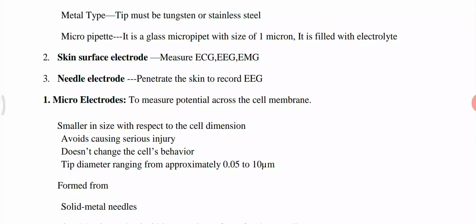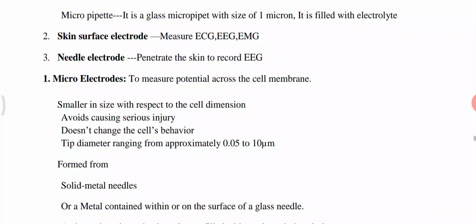Then is the microelectrode. Microelectrodes are mainly divided into metallic and non-metallic. The non-metallic microelectrode is called a micropipette. The microelectrodes should have a smaller diameter so that during insertion of the electrode into the cell there will not be any damage to the cells.